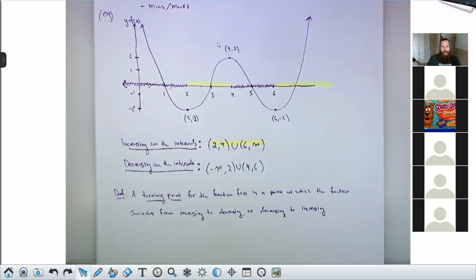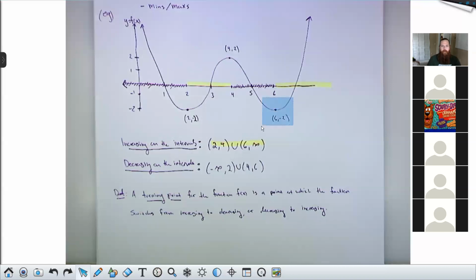That is the maximal value for the function in this local window is 2, and it occurs when x is equal to 4. So we would call that point a local maximum, because locally, that point is where the max value of the function occurs.